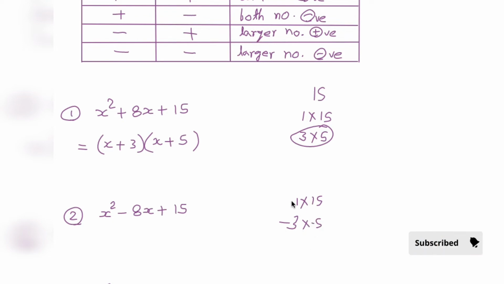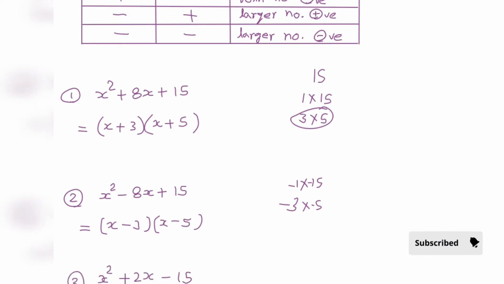Negative 3 multiplied by negative 5 is positive 15, and negative 3 plus negative 5 becomes negative 8. Here we can write the direct answer. We take two brackets, x, x, negative 3, negative 5.